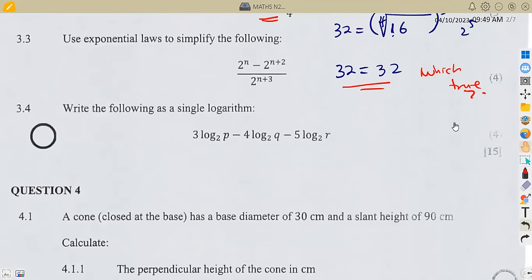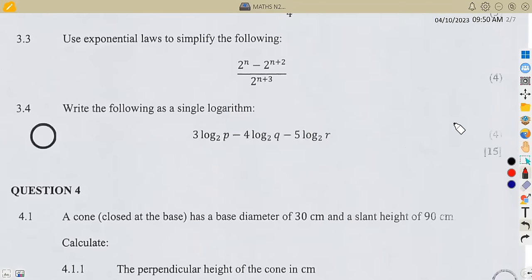On question 3.3, use exponential laws to simplify the following. We are given 2 to the exponent of n minus 2 to the exponent of n plus 2, over 2 to the exponent of n plus 3. Remember that we can separate these from our laws of exponents. x to the exponent of a times x to the exponent of b is the one that gives us the opportunity to add the exponents because we are multiplying bases which are the same.